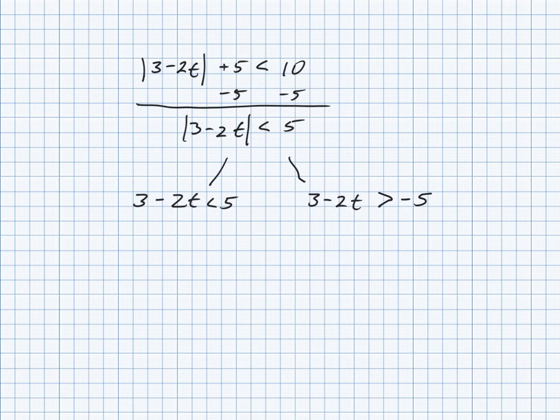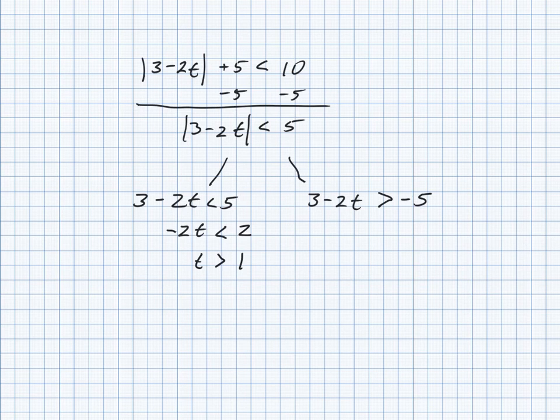Solving both of them, subtract 3 from both sides, I get negative 2t is less than 2. And therefore, dividing both sides by negative 2 flips the sign, and I get t is greater than negative 1. Take a moment and absorb that. Make sure that you understand what just happened there.